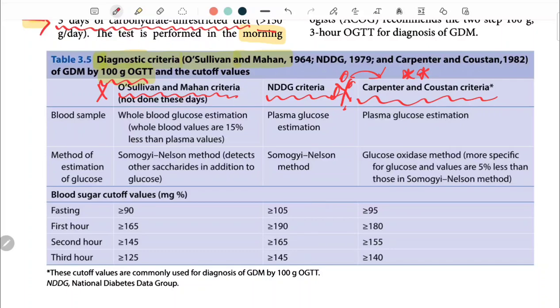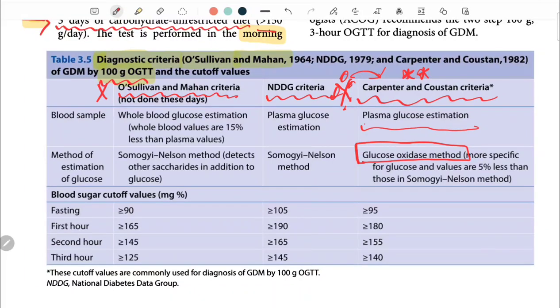So first let's finish off the Carpenter and Coustan criteria. The blood sample will be for plasma glucose estimation, and the method of estimation of glucose is the glucose oxidase method, which is more specific for glucose, and values are 5% less than in the Somogyi-Nelson method.